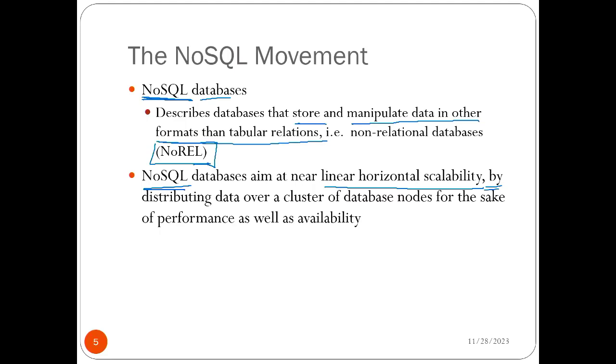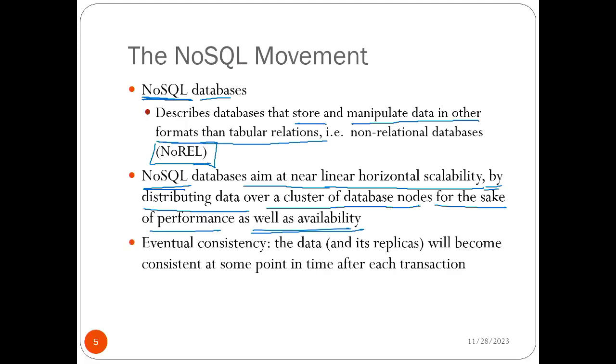So NoSQL databases aim at linear horizontal scalability by distributing data over a cluster of database nodes for the sake of performance as well as availability. This performance and availability would be clear soon. With NoSQL it is easily done: add more nodes to the cluster, and horizontal scalability is not a problem. That has to do with the way we store the data. It's not a table. If it was a table, that would probably be the end of the story.